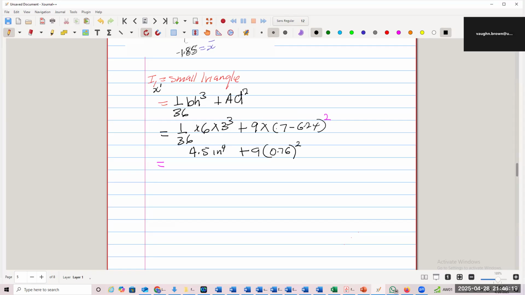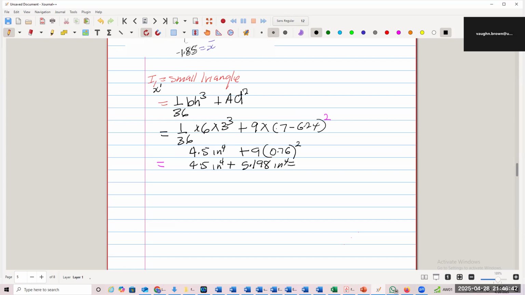So the total thing here is 4.5 plus this squared times 9. I'm going to get 5.198 inches to the 4th. This is inches to the 4th.